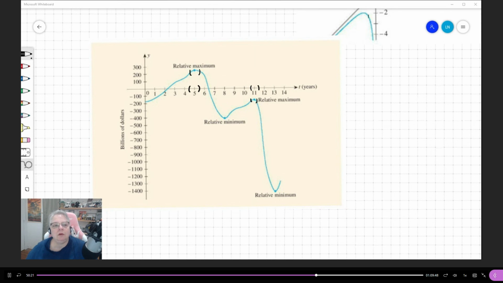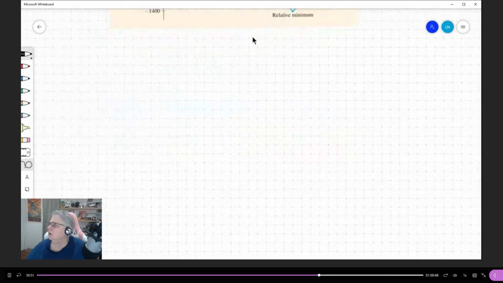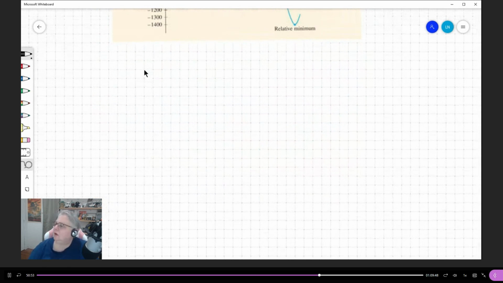So we can write a formal definition of relative maximum and relative minimum in terms of the function. The first thing we need is a critical value. We need that point that we're looking at to be a critical value for the function. So let's do this. We have a function f.